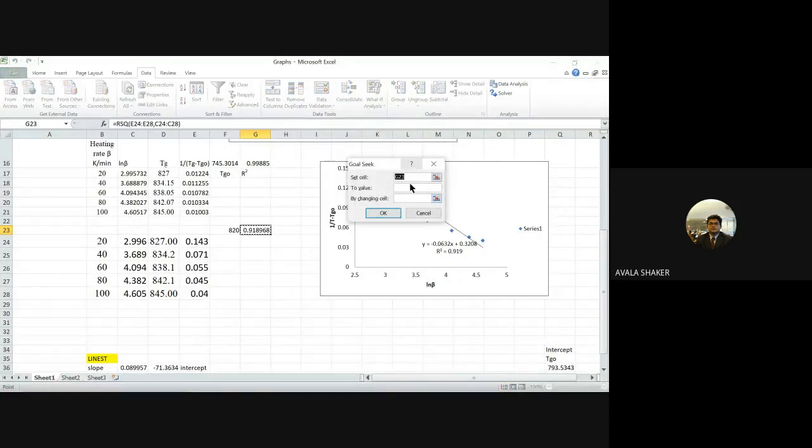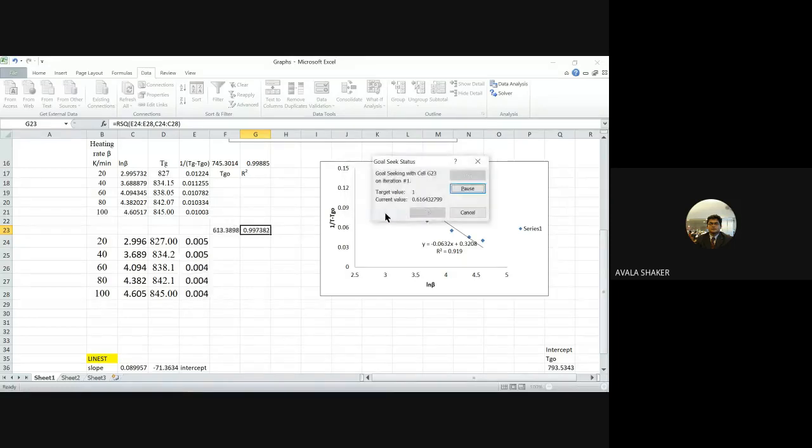So set value of G63 to 1, we want to maximize by changing this cell, and let's say okay.